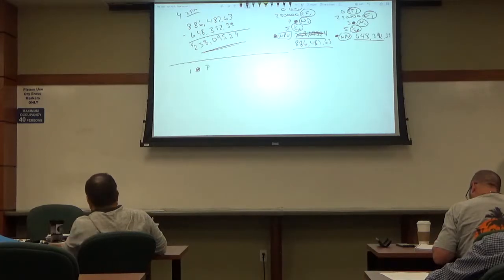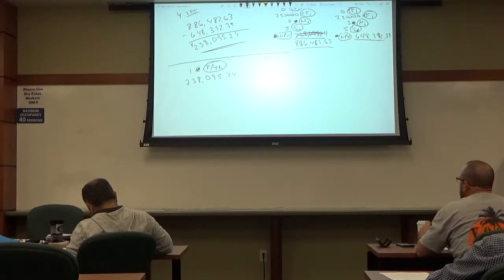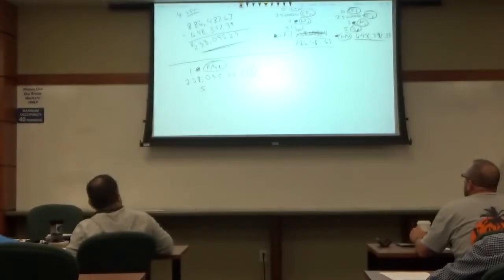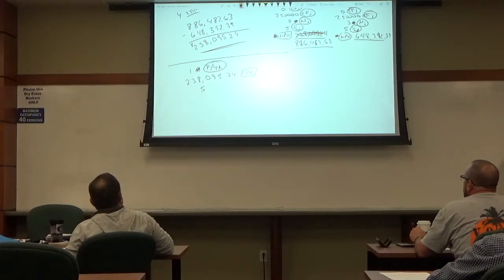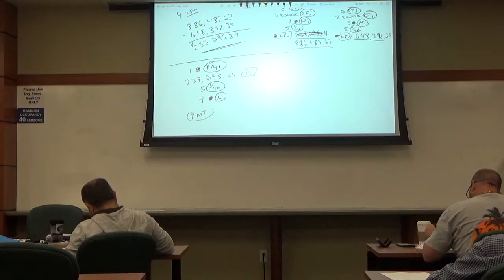So one payment per year: we're going to take the 238,095.24, put that in as present value, 5% interest rate over 4 years, and then solve for payment.